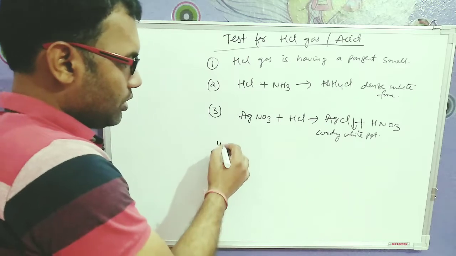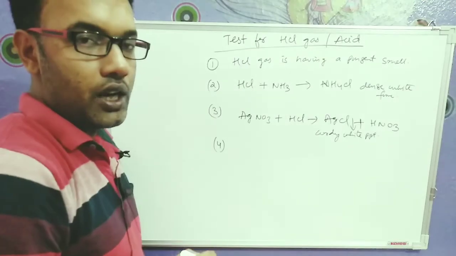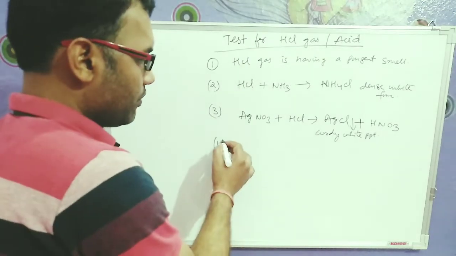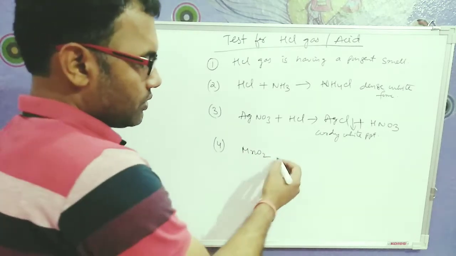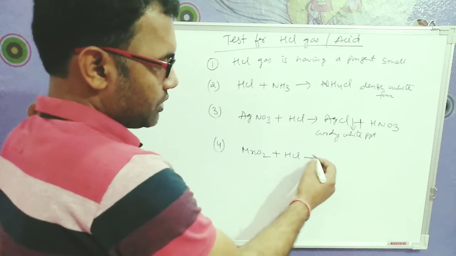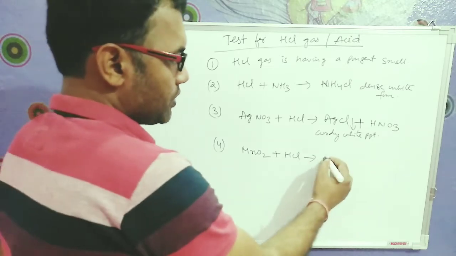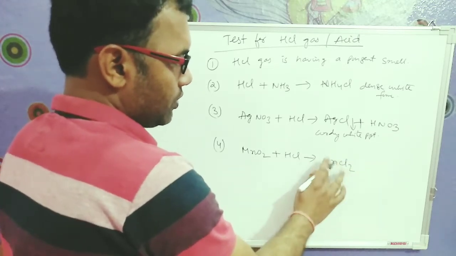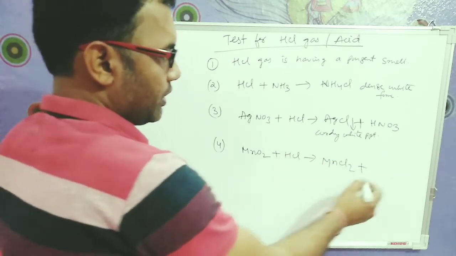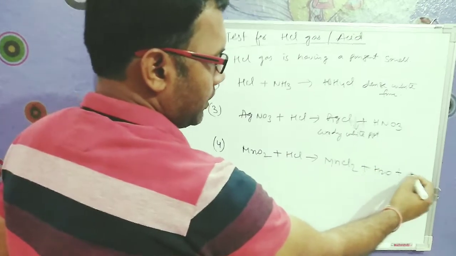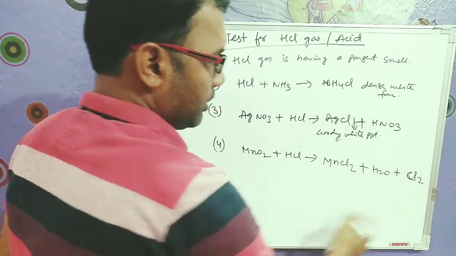Now the fourth test for hydrochloric acid is if we use any oxidizing agent. If this oxidizing agent reacts with HCl, what does it form? It forms a salt, MnCl2, plus H2O, and we have chlorine gas.